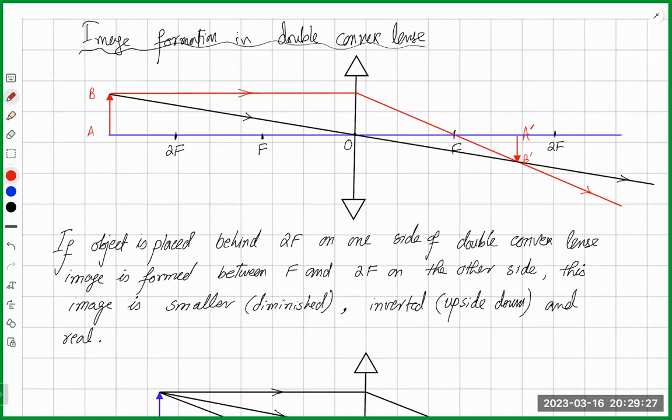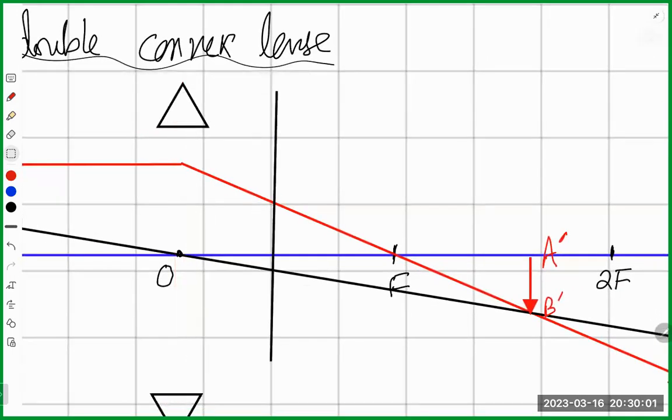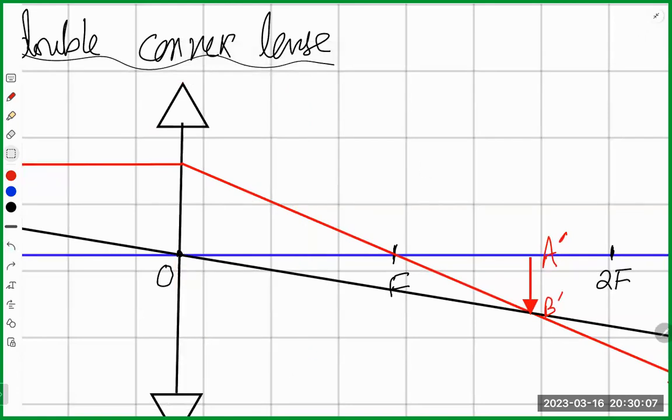If you put an object way behind 2F and draw the line parallel to the principal axis, make it go through F, and then draw a line through the optical center, you can find out the position of the image.